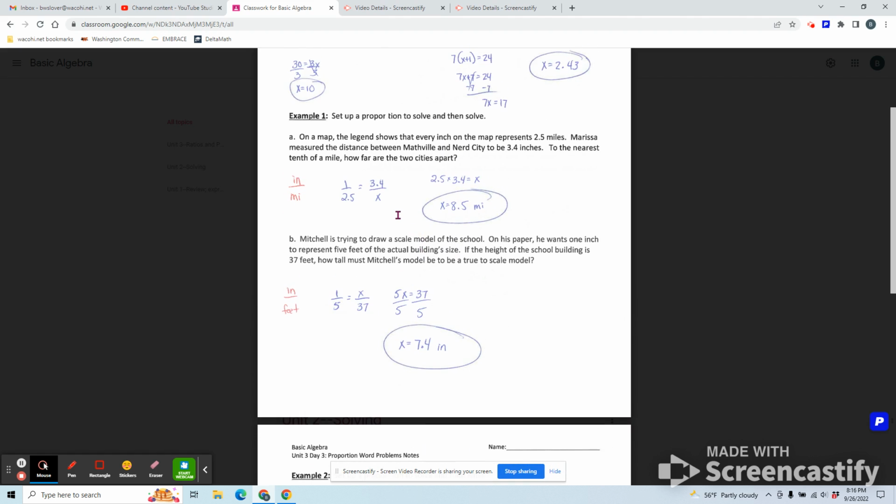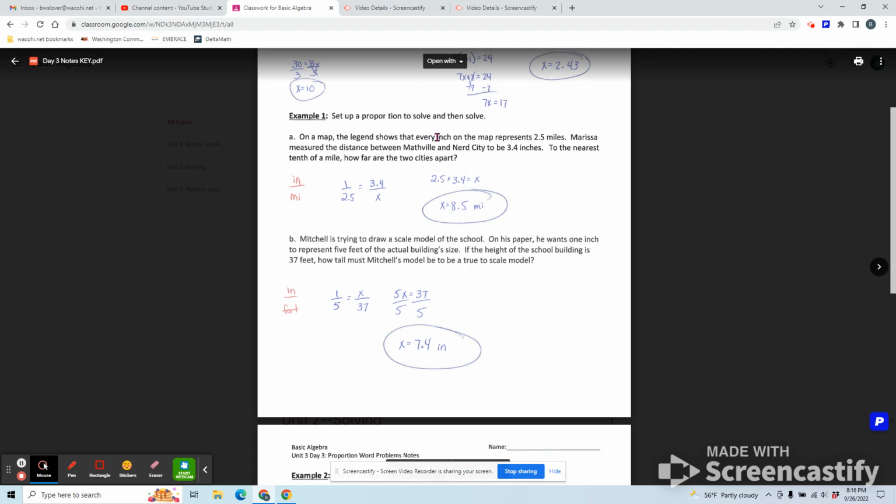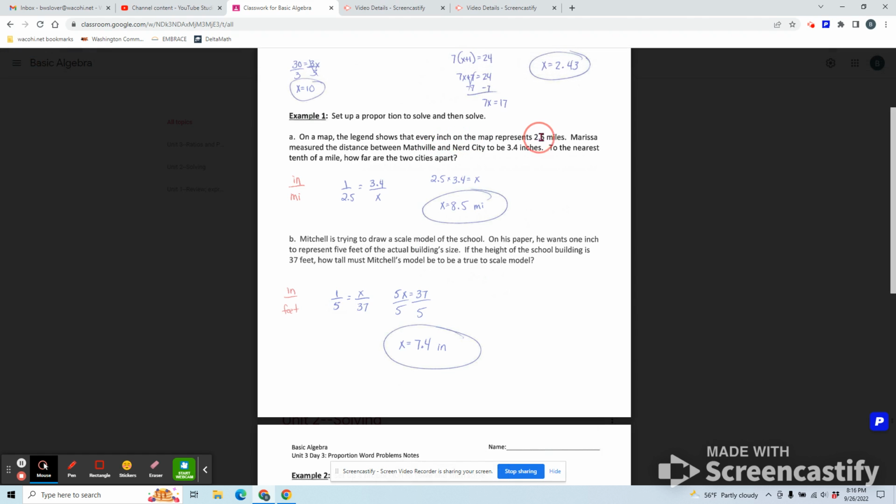So on a map, the legend shows that every inch on the map represents 2.5 miles. Marissa measured the distance between Mathville and Nerd City to be 3.4 inches. To the nearest tenth of a mile, how far apart are the two cities? If need be, highlight or underline that important information. Every inch represents 2.5 miles.